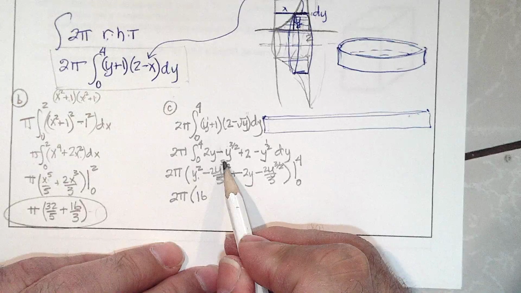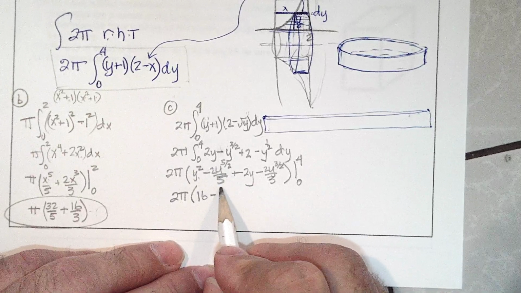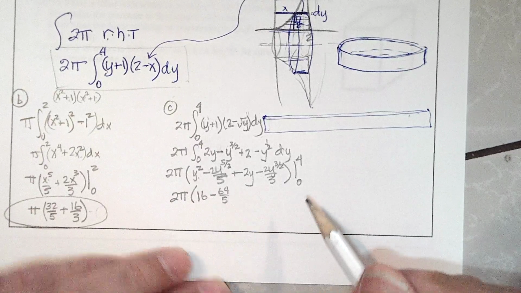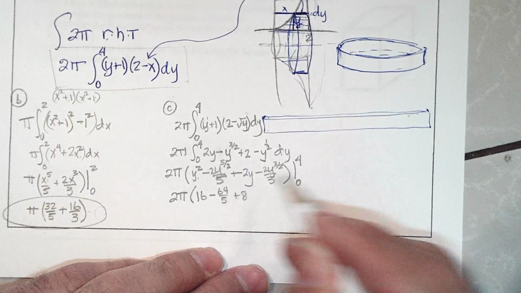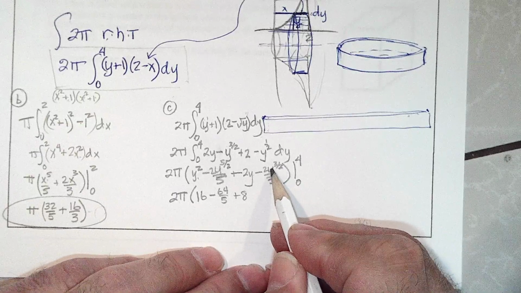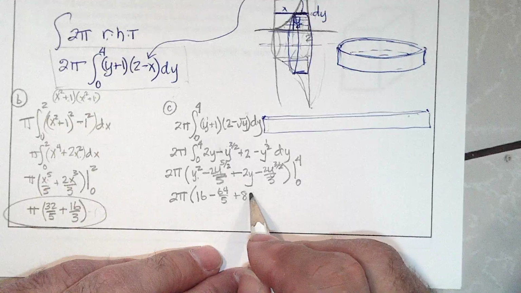To the 5th is 32. Times 2 is 64. Put 4 in here and I get plus 8. Put 4 in here and take the square root. That's 2 to the 3rd, which is 8. Times 2 is 16.